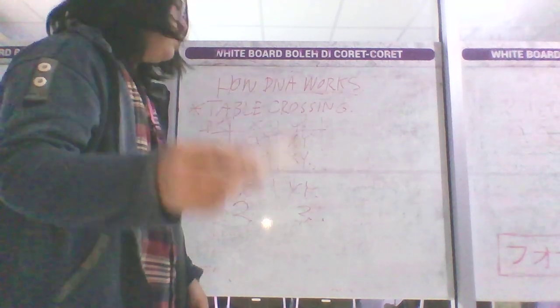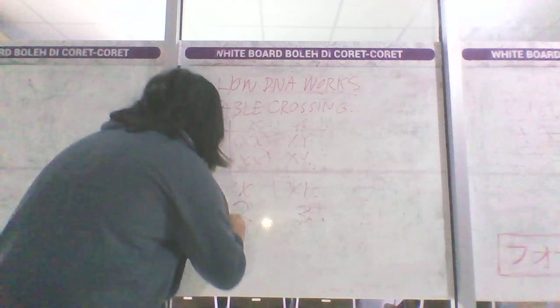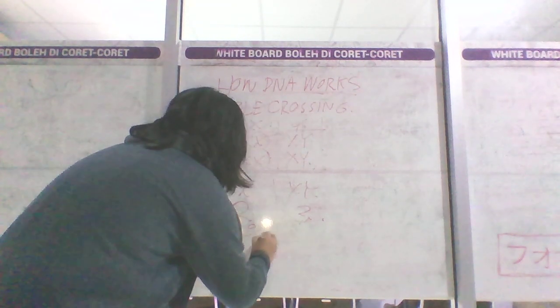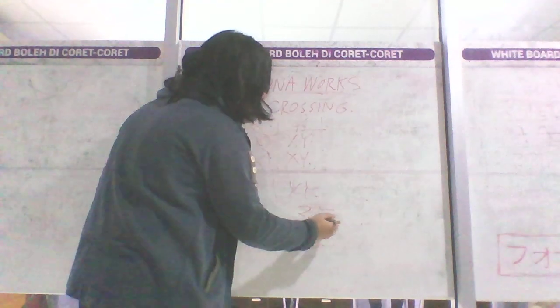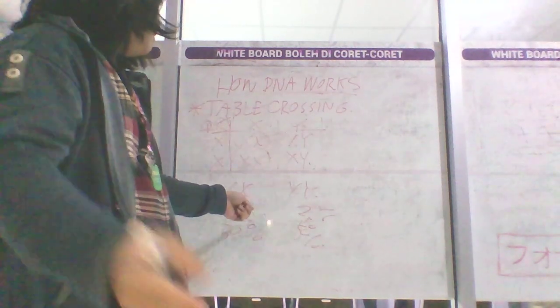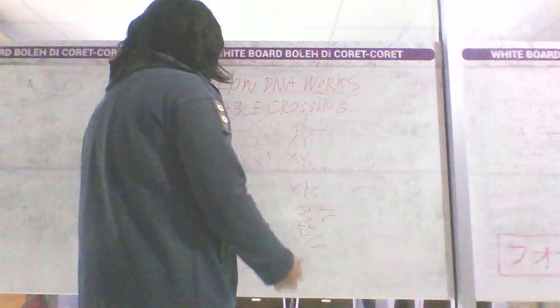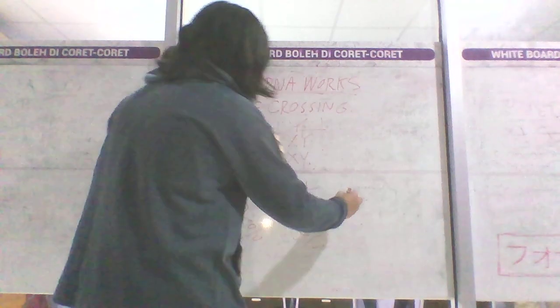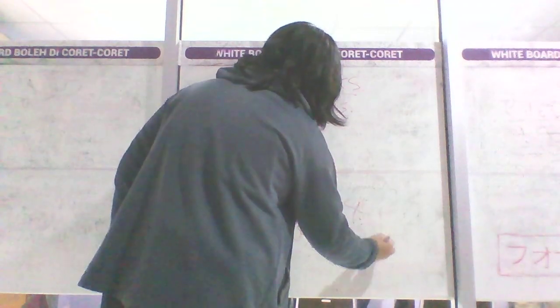So the probability of the crossing of DNA is 50%. If you combine, we have 4, which is 100 percent.